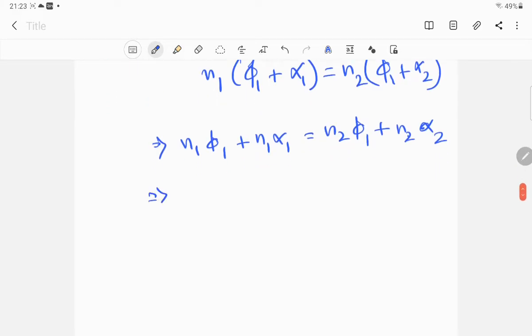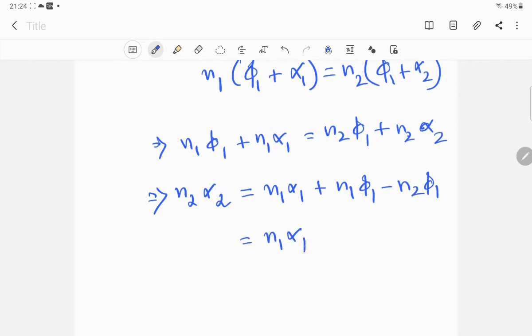Okay, so n2 alpha 2 is equal to n1 alpha 1 plus n1 phi 1 minus n2 phi 1. So n1 alpha 1, okay, so if I take minus common, it will be n2 minus n1 phi 1.